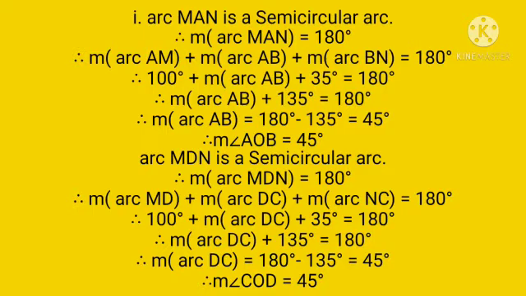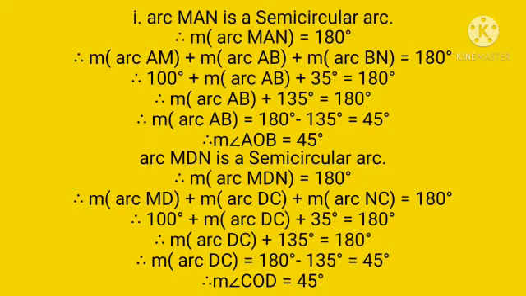Let us substitute the values which are known. 100 degrees plus measure of arc AB plus 35 degrees is equal to 180 degrees. 100 plus 35 gives 135. Therefore, measure of arc AB plus 135 degrees is equal to 180 degrees.